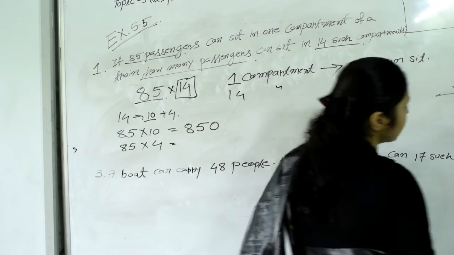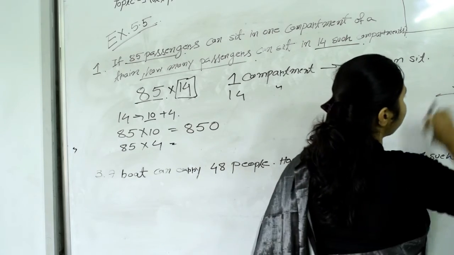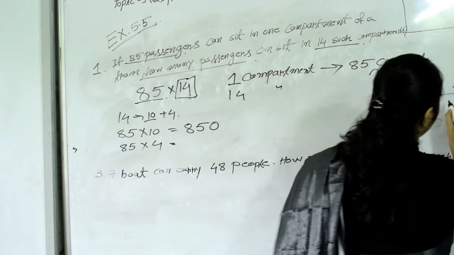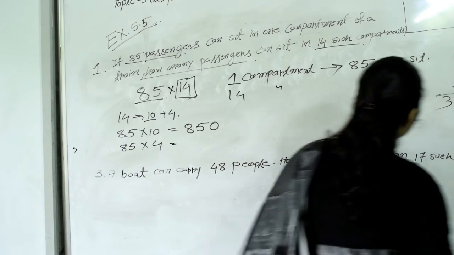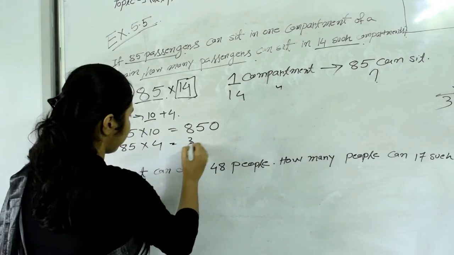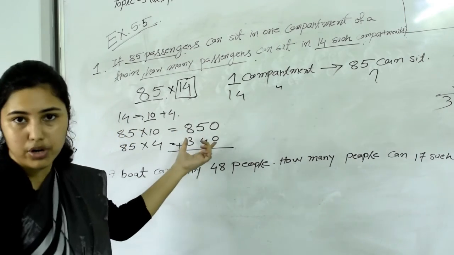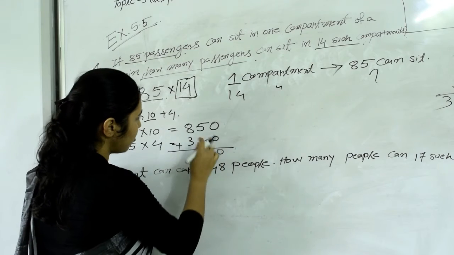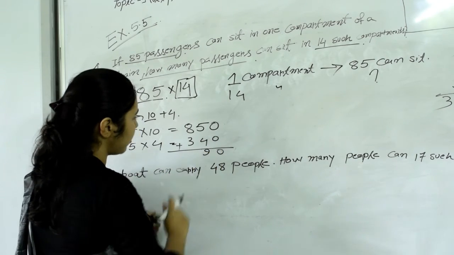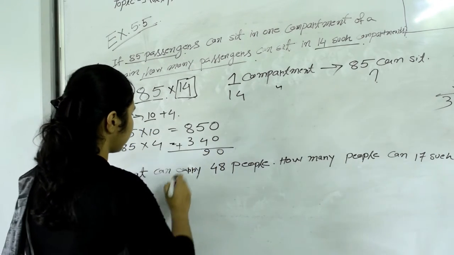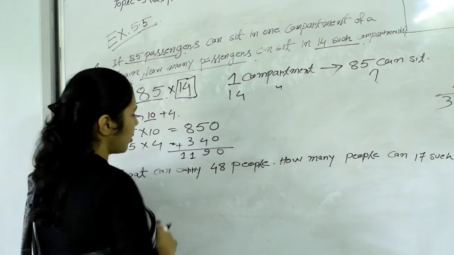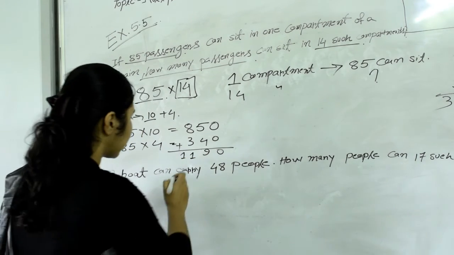Now 4 8s are 32, 32 plus 2, 34. So 340, right? Now add these two products. So 0, 5 plus 4, 9, 8 plus 3, 11.